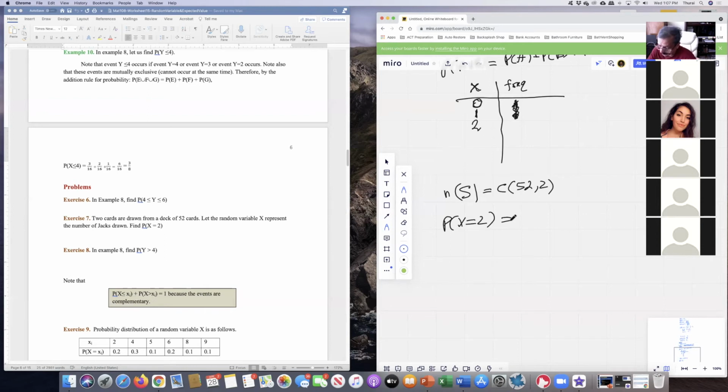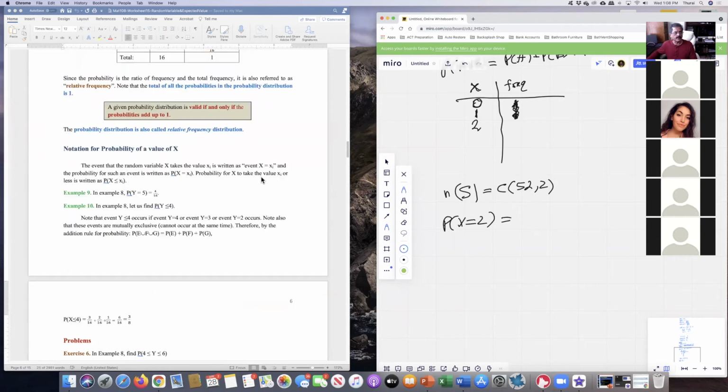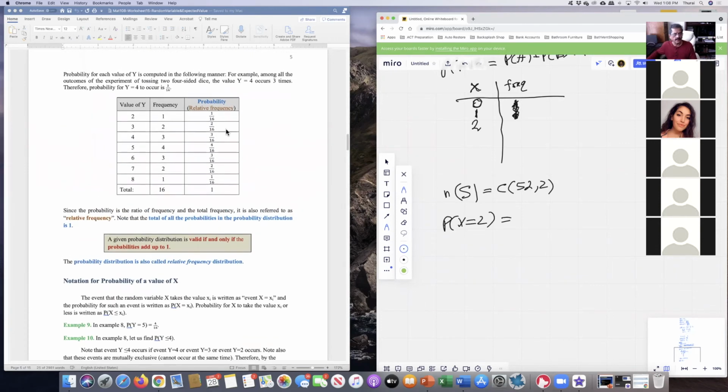Both of them have to be jack. So first of all, the number of elements in the sample space is going to be the same as the sum of the frequencies. Remember, sum of the frequencies equals the number of elements in the sample space, always. I explained that in the previous example right here. There are 16 elements in the sample space for this experiment, and that's why we got the 16 here.